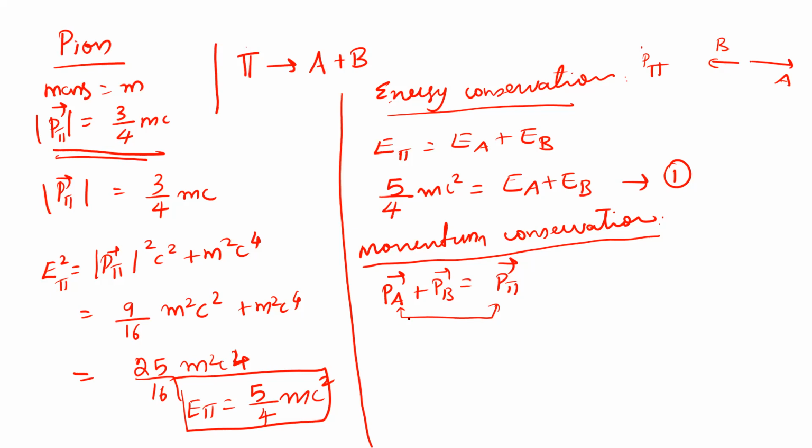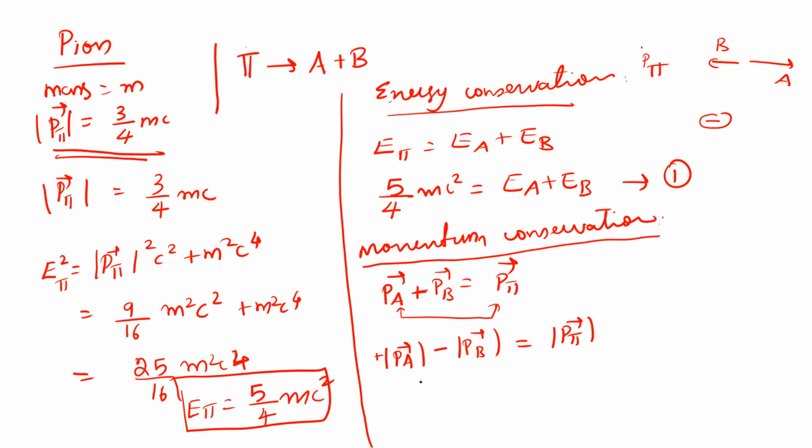Because there's only one dimension, we can get the direction by plus and minus. The incident direction we take as plus, and the opposite direction as minus. So the modulus of P A vector, with a plus direction, minus the modulus of P B vector, where this is the magnitude and this is the direction, is equal to the modulus of P pi.